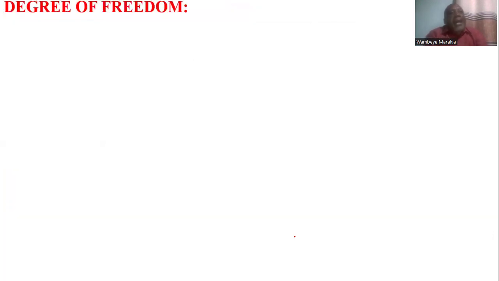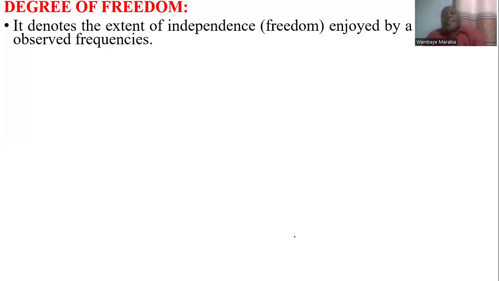Another term we want to define before we get into computation of the chi-square is degree of freedom. Degree of freedom denotes the extent of independence or the freedom enjoyed by a given set of observed frequencies.